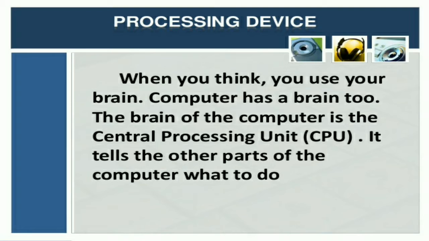The brain of the computer is the central processing unit, the CPU. It's the center or brain of the computer, and the full name is central processing unit. It tells the other parts of the computer what to do.